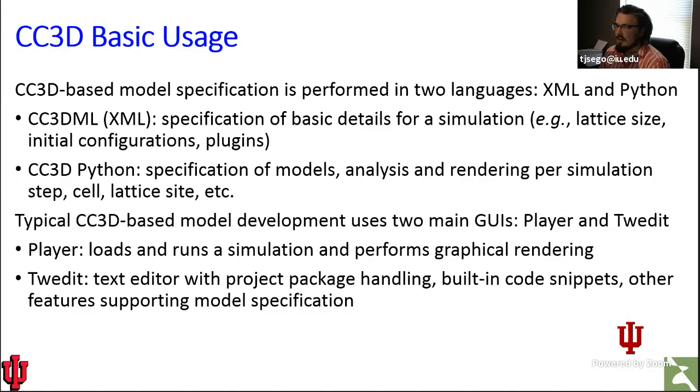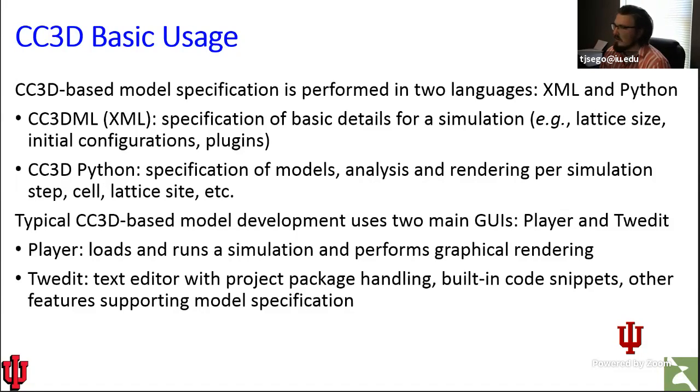So all of the finer, subtler points of model specification and implementation, as well as things like data analysis and real-time graphics rendering when a simulation is actually being simulated, are all done in CC3D Python. And this is where we'll work today. We won't really get into the XML. We will be working in CC3D Python.